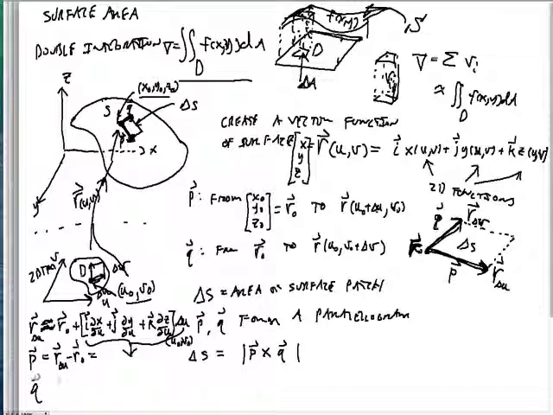And Q is going to be very similar. It's going to be i partial x, partial v now, plus j, partial y, partial v, plus k, partial z, partial v, and we're going to evaluate that also at u0, v0.